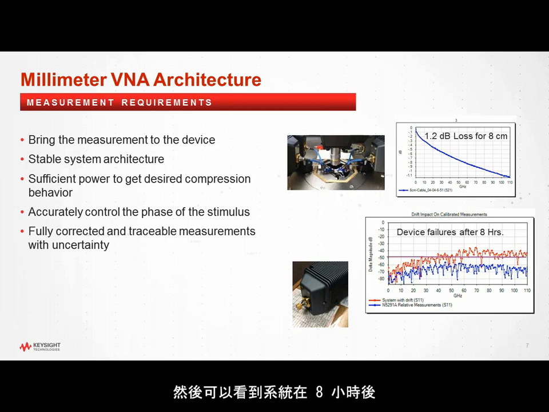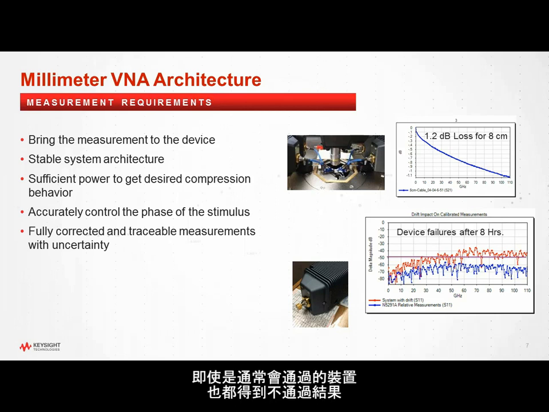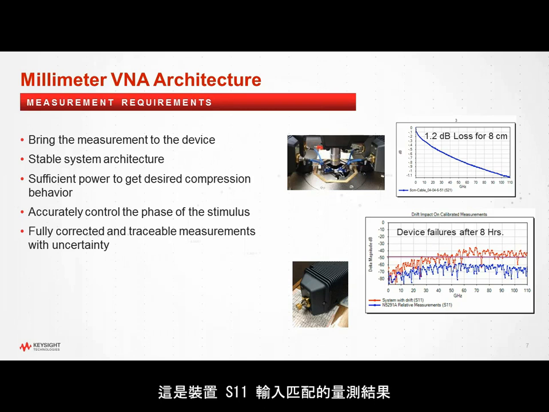And then you have a system that, just after 8 hours, has started to drift and fail devices that would typically not have failed. And in the other case, you have a system that remained stable throughout the time. This is across frequency, and it's a measurement of an S11 input match of a device.